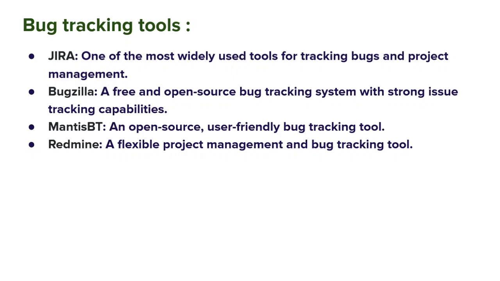They can also be used as a bug tracking tool, but along with that, these tools are also used for maintaining the user stories, user requirements, etc. So these are the two types of tools which can be used. That will vary on your organization. Various types of organizations can have different tools.